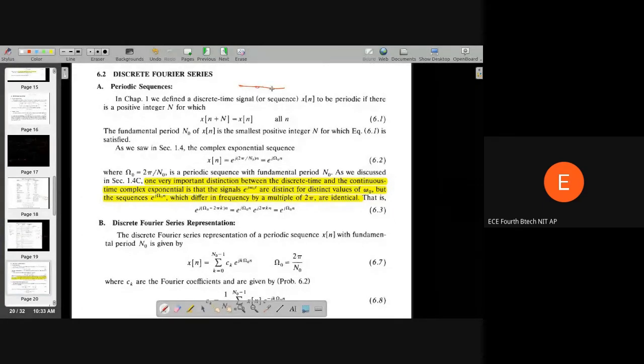So you have n equal to 0, 1, 2, 3, or minus something, and this could represent time 0, Ts, 2Ts, based on how you have uniformly sampled the signal to get your discrete time signal. But anyhow, once you have a periodic sequence of numbers, then you can use your discrete Fourier series.